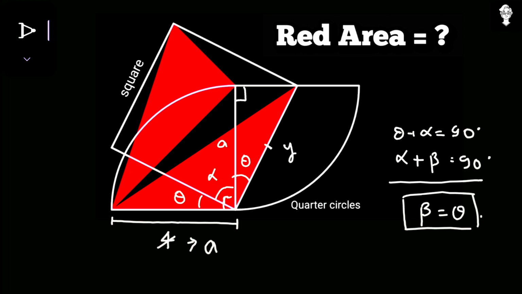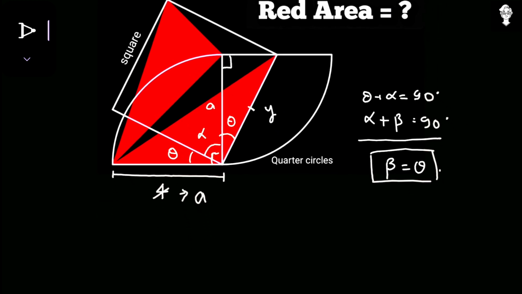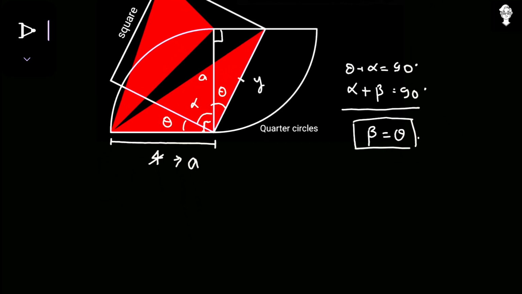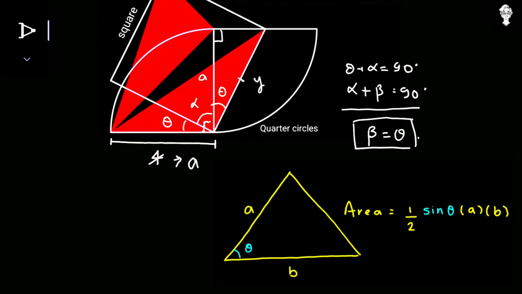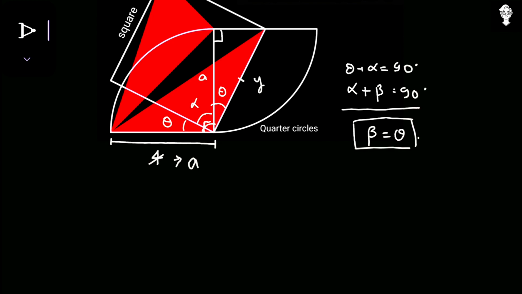Now using this data, let us find the area of this bottom triangle. We are all familiar with the formula for the area of a triangle: if there is an angle theta and adjacent sides a and b, the area of the triangle is half of sine theta times a times b. Over here we take this particular angle for the bottom triangle. The angle present here is 90 plus theta.